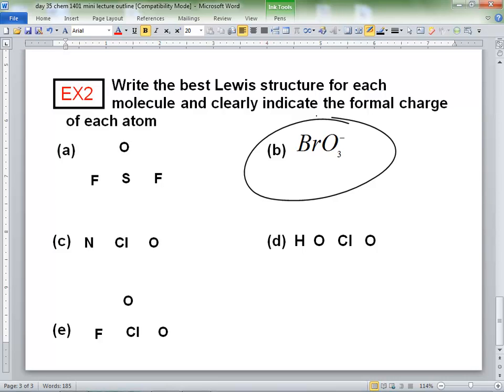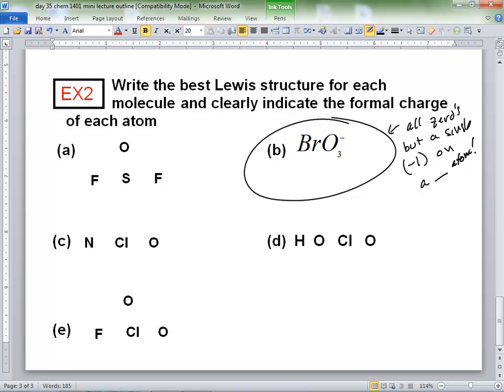The best possible answer would be all zeros for formal charges, but a single -1 on an O, because O is more electronegative.